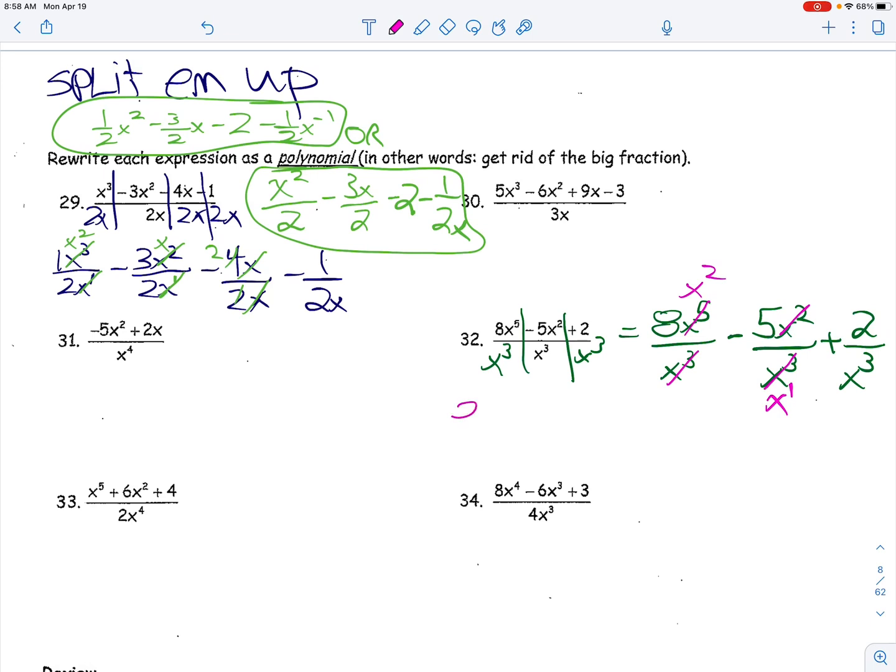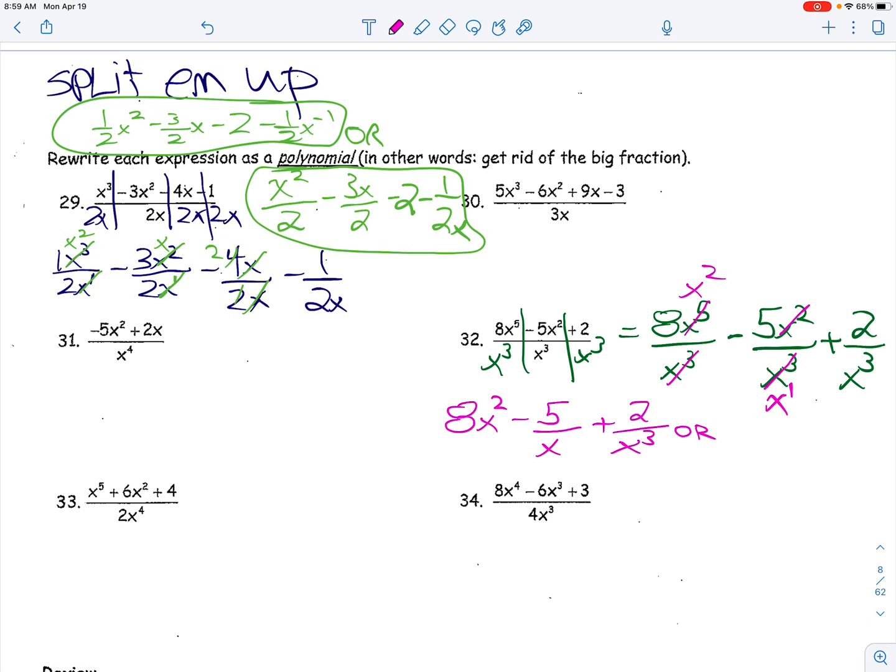So let me rewrite this now. This will be 8x squared minus the 5 in the numerator over x, plus 2 over x cubed.